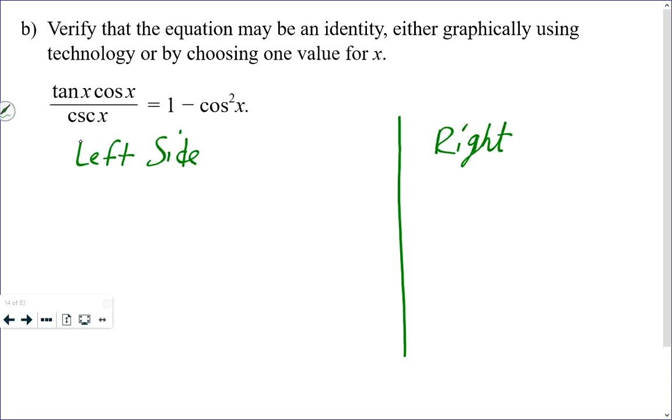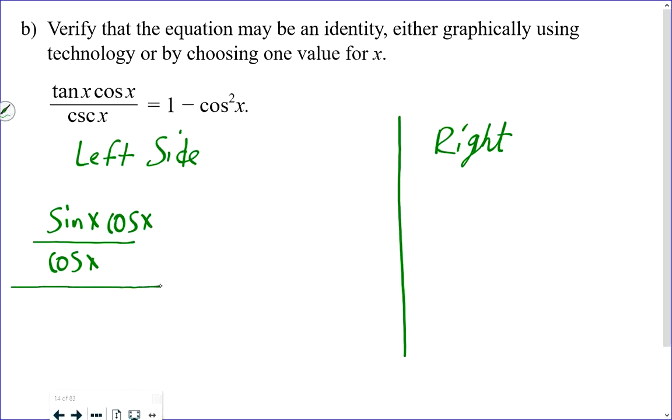The first thing I'm going to do is the first thing that I've always suggested. Write everything in terms of sine and cosine. We already did that in part A of this question, but let's do it again. Okay. So that's what I've done first. And the golden rule is this.